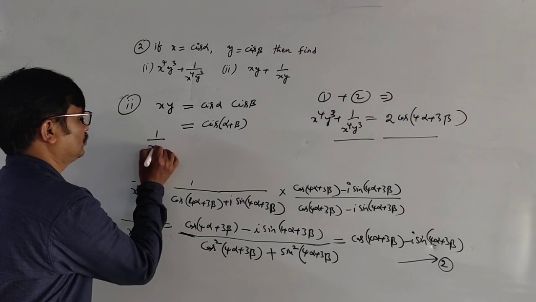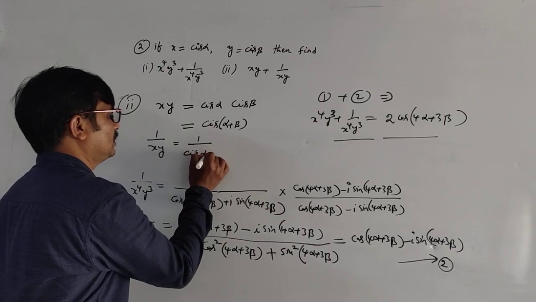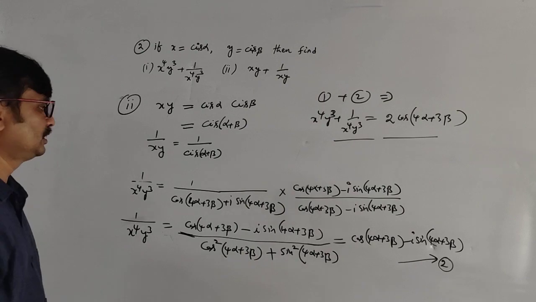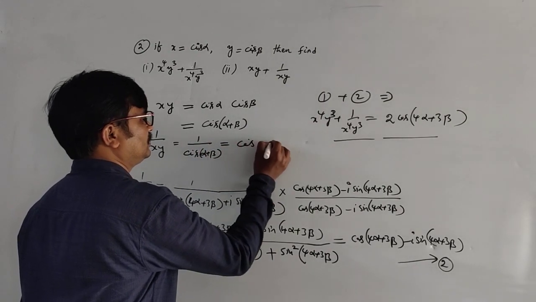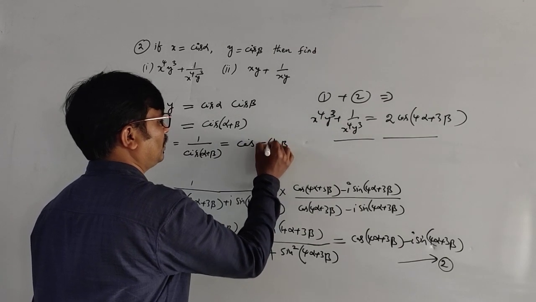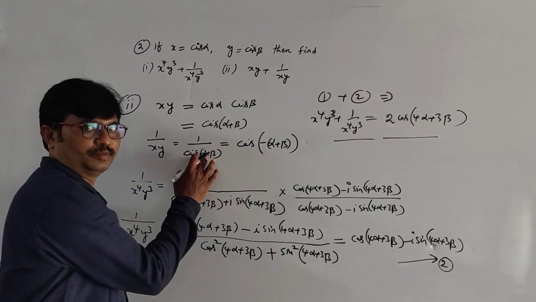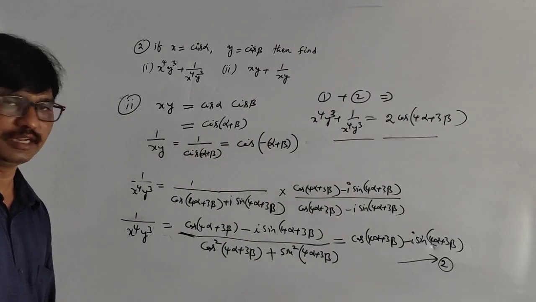After that students, 1 by xy is 1 by cis of alpha plus beta. Now this can be written as cis of minus of alpha plus beta.